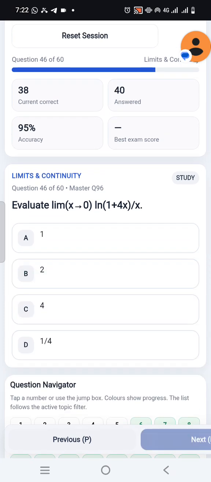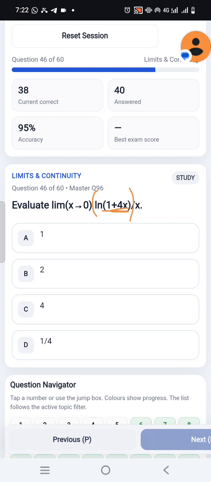So for this one, ln(1 plus 4x) all over x, you can still use L'Hopital's rule for this one. So you just differentiate this. For this 1 plus 4x that is there, first differentiate it. It's the chain rule we are using, but I don't want to write the formula. Just know you differentiate what is inside, because this ln is changing and 1 plus 4x inside of it is also changing. So you first consider the small change, 1 plus 4x.